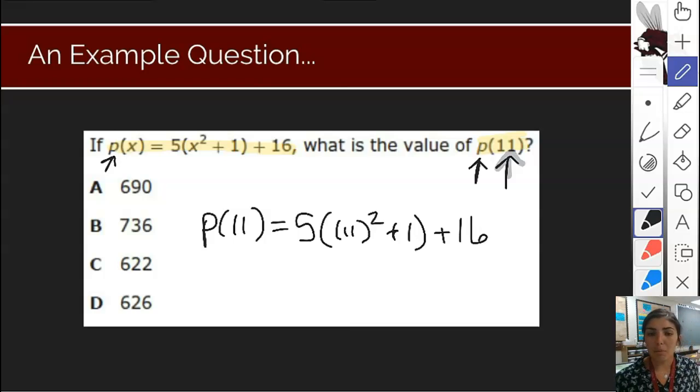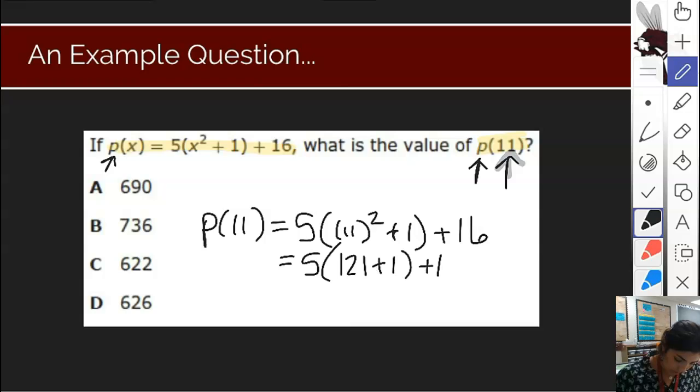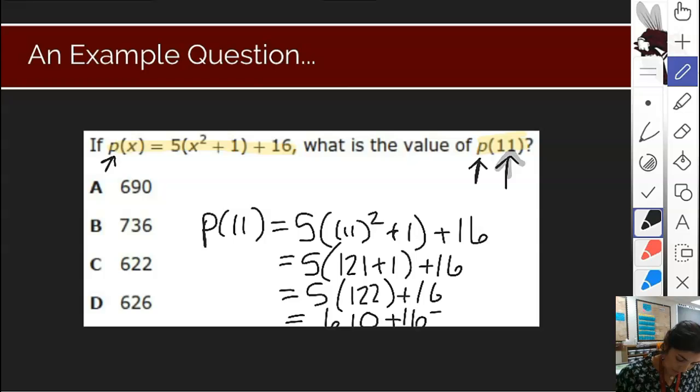I only have numbers left, so now I use my brain or my calculator and I start calculating. 11 squared is 121. 121 plus 1 is 122. 122 times 5 is 610, plus 16 would be 626.